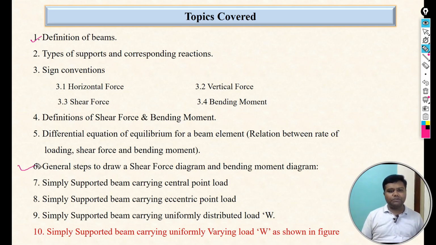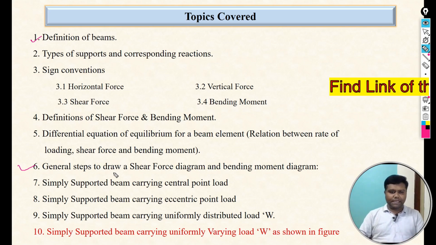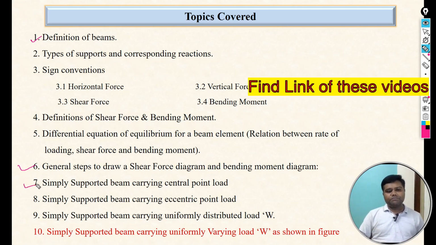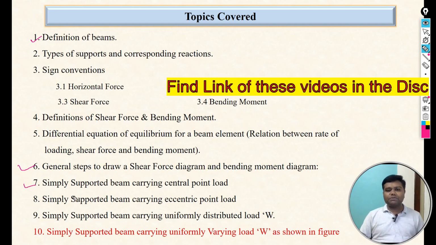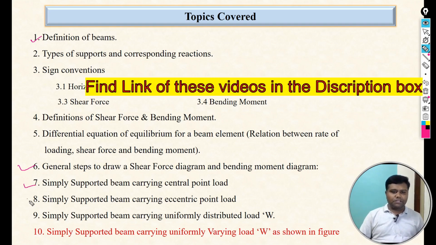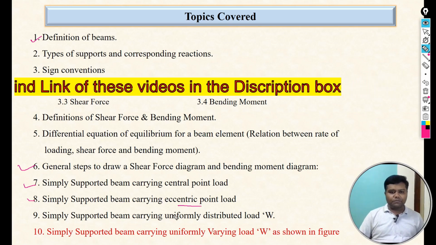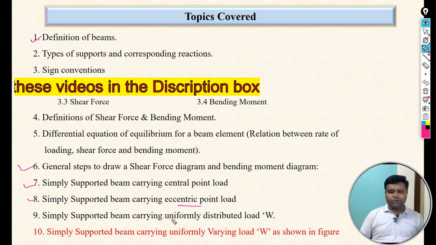Then we have covered the video on the general steps to draw a shear force and bending moment diagram. Then a few standard cases also: simply supported beam carrying a centrally point load, simply supported beam carrying eccentric point load, then simply supported beam carrying uniformly distributed load.